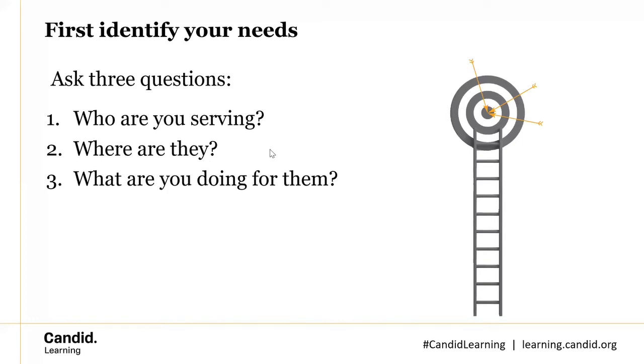Where are they is probably the heaviest used search feature in Foundation Directory Online. This translates to where is the work being done? That translates to the phrase geographic focus in the advanced search feature. So geographic focus means where in the world is the work taking place?